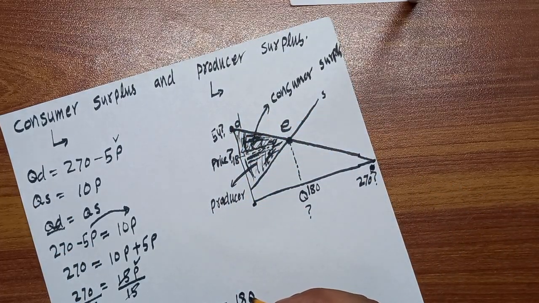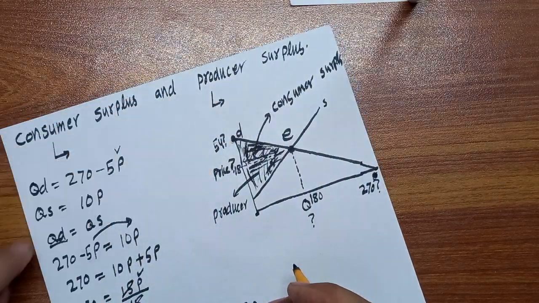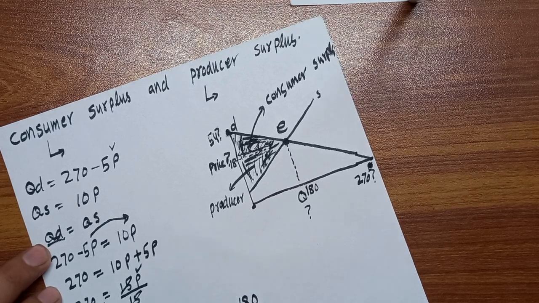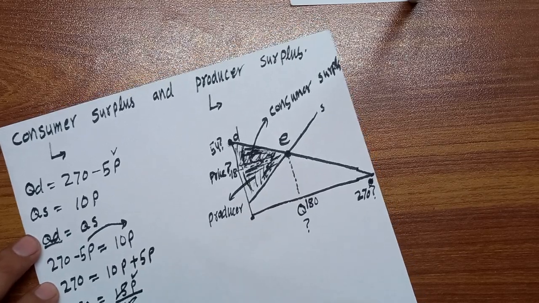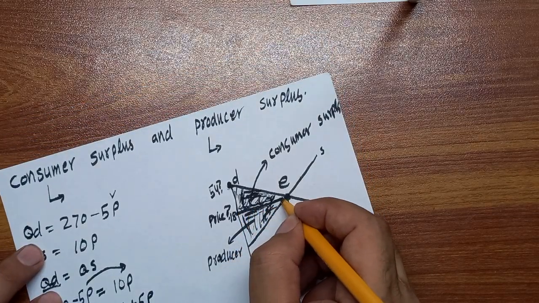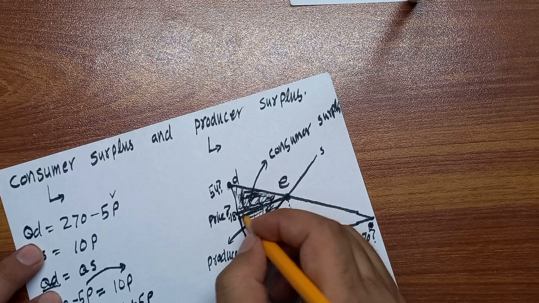Now we are going to find the consumer surplus and producer surplus. First I am going to find the producer surplus. Producer surplus is this area. This is the area of producer surplus.